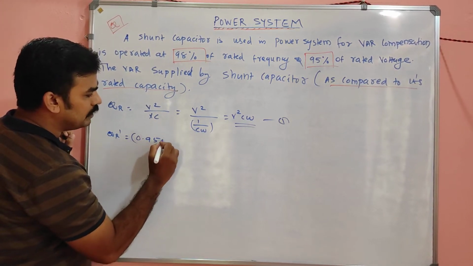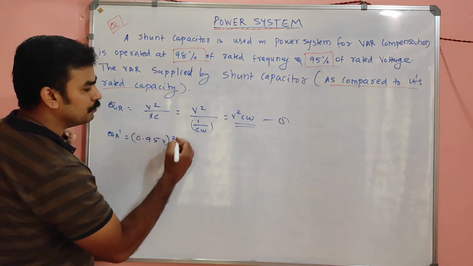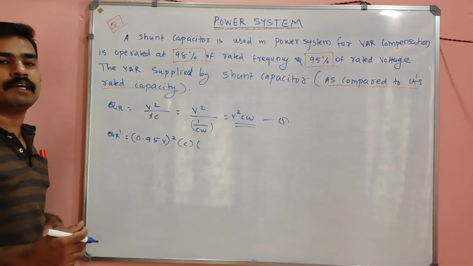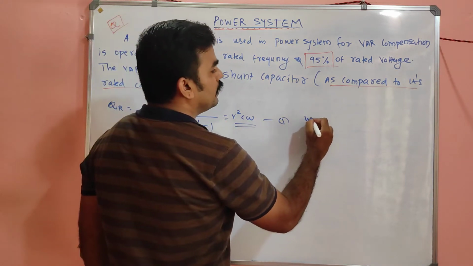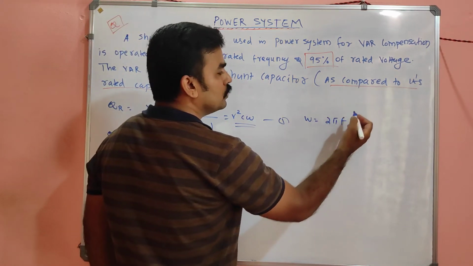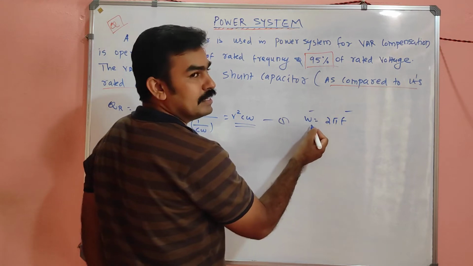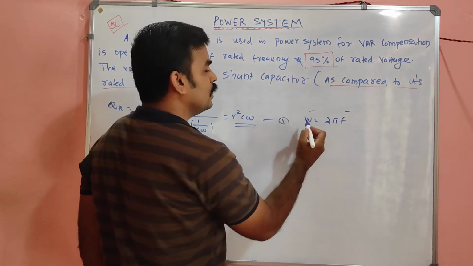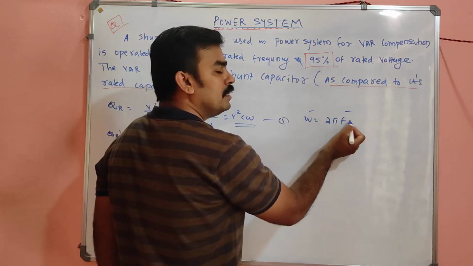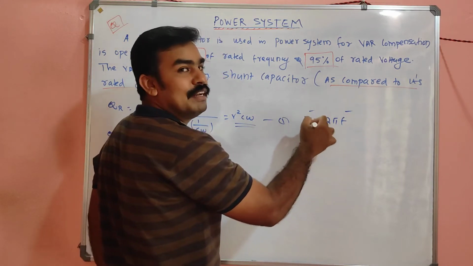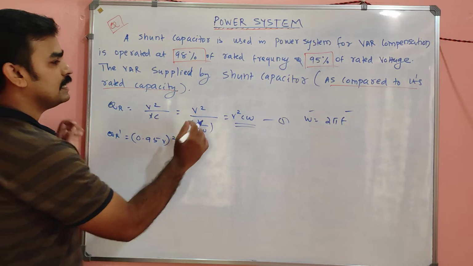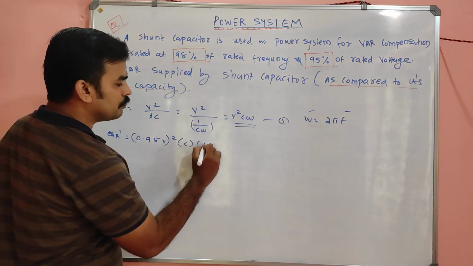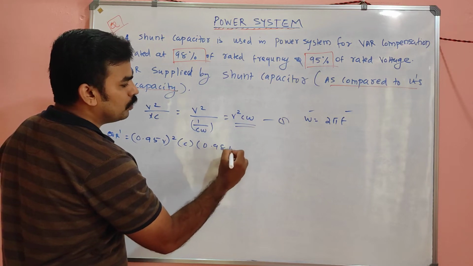0.95 into V the whole square into capacitance, which will be no change, and omega will be changed. Omega equals what, my dear? 2 pi f. Any change in frequency directly affects omega, because 2 pi is a constant. So something which changes, the direct reflection will be here also. So 98% of the rated frequency means here also 0.98 into omega.